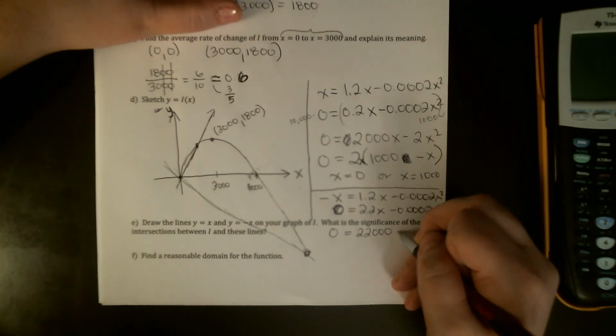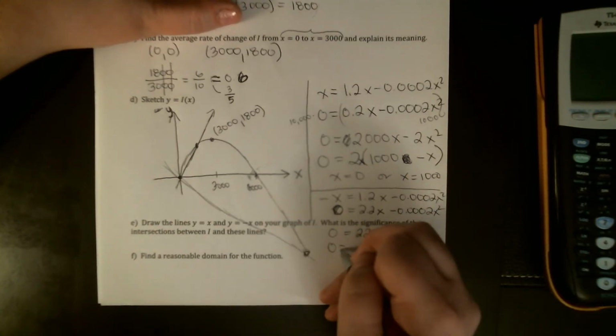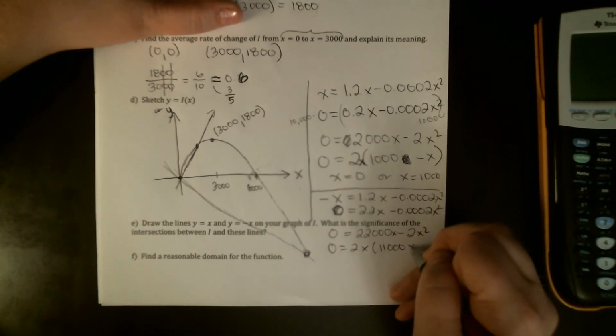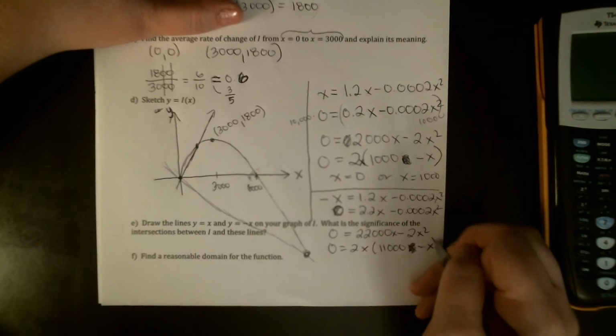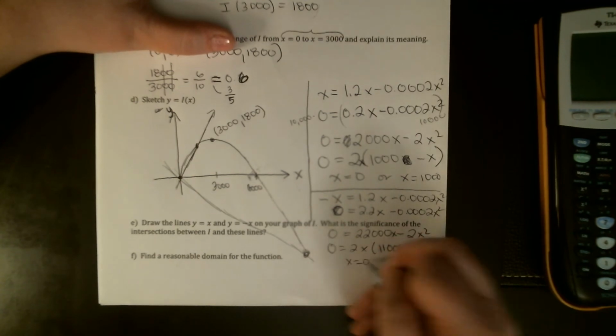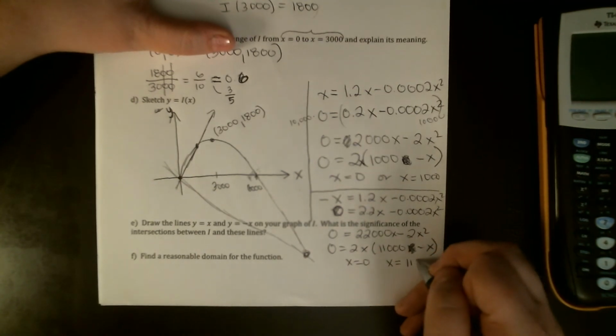And then x squared. Factor out a 2x. Man, see if I can get these right today. So it looks like x equals 0, which again we predicted, or x equals 11,000.